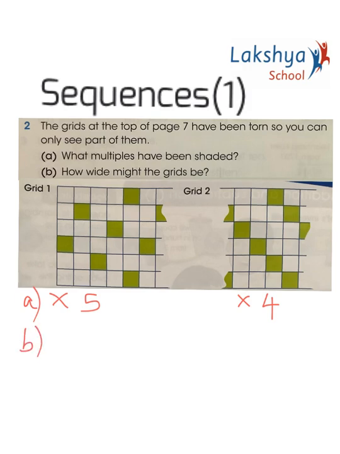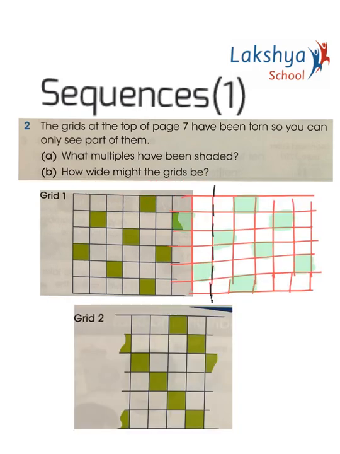Now let's work on B. How wide might the grid be? Here I have extended grid 1 to find how wide it could be. So the grid would be 1, 2, 3, 4, 5, 6, 7, 8 squares wide, or 9, 10, 11, 12, 13 squares wide, to complete the sequence of multiples of 5.